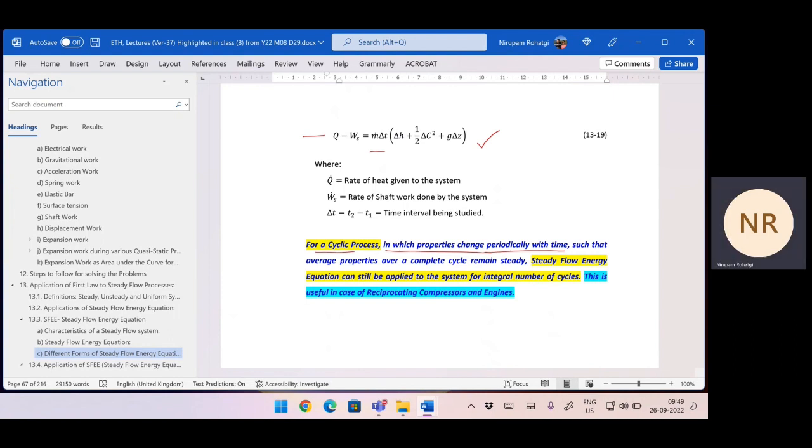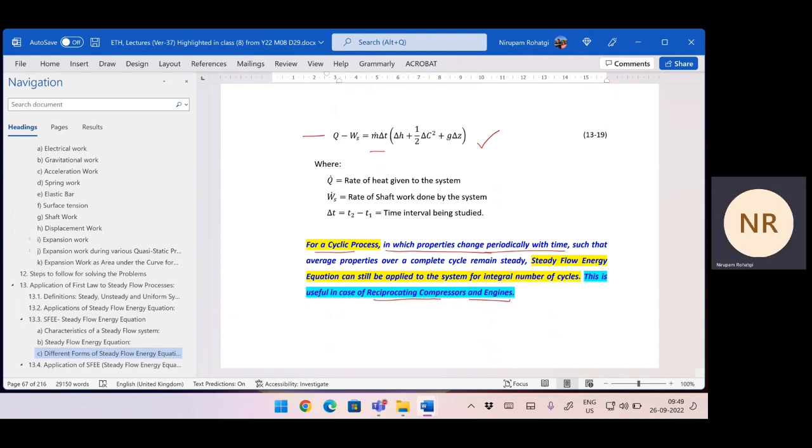So if we take such a system and apply it for an integral number of cycles, then the same equation can be applied. So even though our system is not steady, like your IC engine or a reciprocating compressor, these are not steady flow systems.